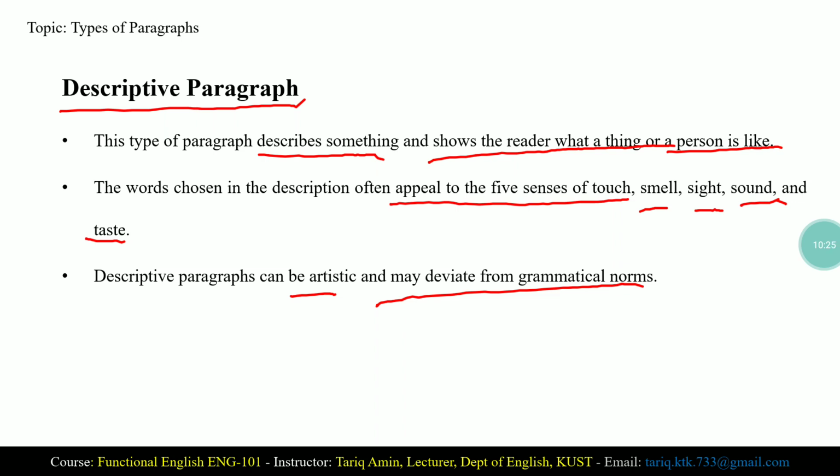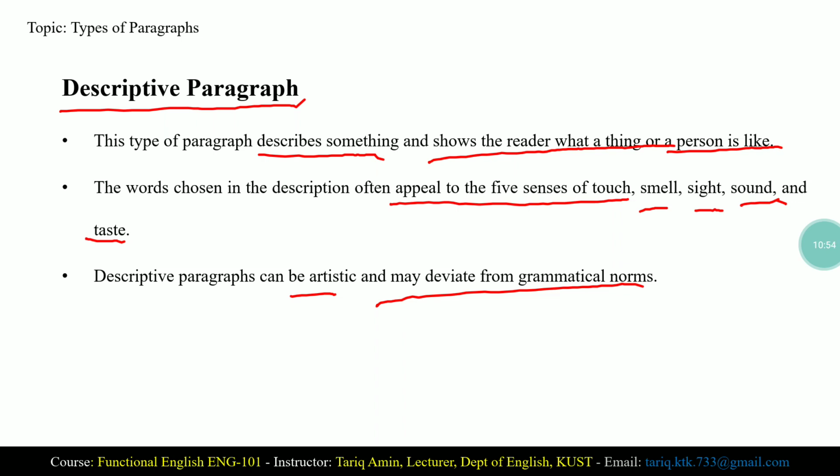You can say that this is my laptop. It is black in color, and it is i5, or it is N series, or you can say many sorts of sentences about your laptop. So that would be a descriptive paragraph, because in that paragraph you describe your laptop. In the same way you can describe a particular person as well.